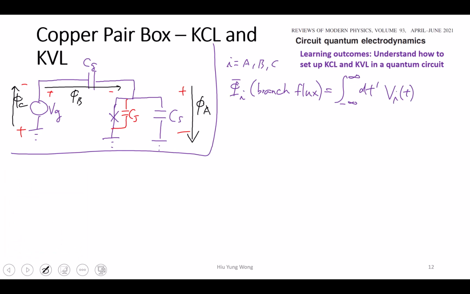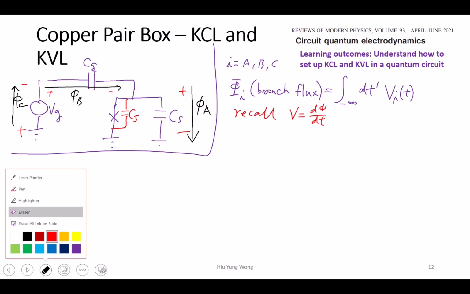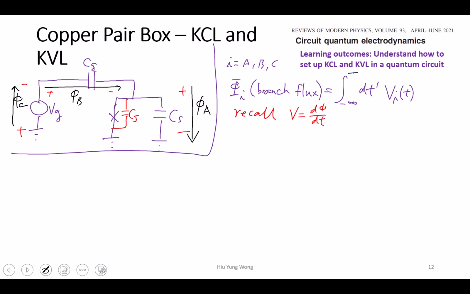Why does this make sense? You just recall a general electrical engineering definition, V equals d flux dt. So the flux across the branch is the voltage integrated over time. Maybe not to infinity, actually. It depends on your state when you are operating. Let me just call it a particular time, capital T. Is that okay? That is the first thing, the definition.